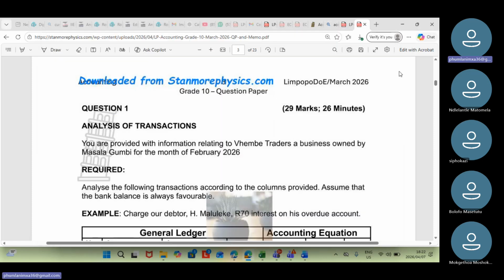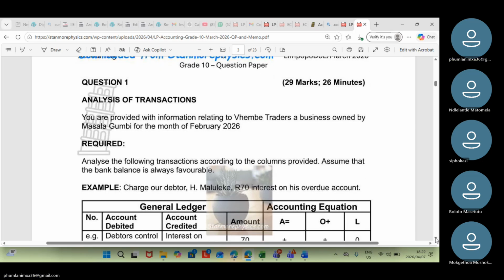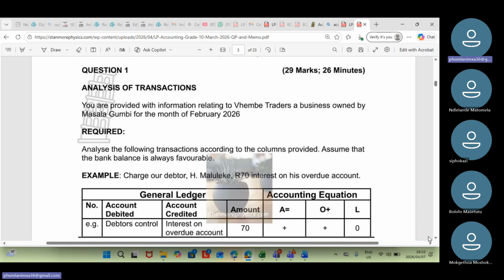Remember last week, what were we doing? We were doing basics to accounting. Defining what is an asset, defining equity, definition of liabilities, how do you treat liabilities, how do you treat assets, and owner's equity.